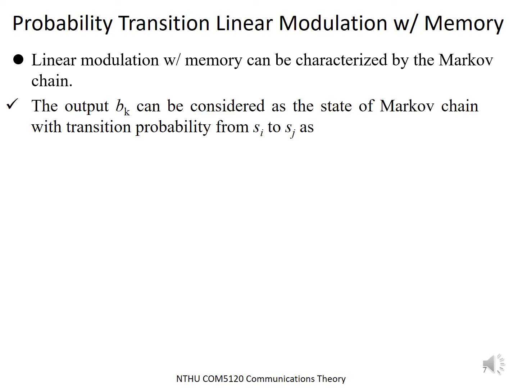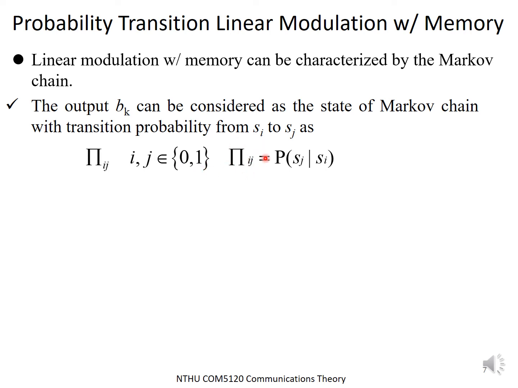The output symbol Bk can be considered as the state of a Markov chain, with transition probability from the state Si to Sj, where i and j would be 0 or 1. So let's have the symbol pi_ij denote the transition probability, and i and j belong to 0 or 1.